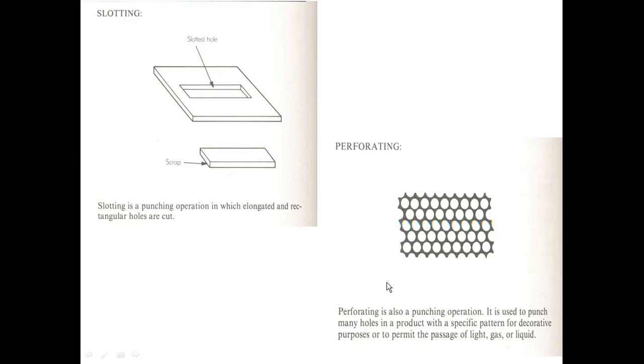Perforating operation. Perforating is also a punching operation. It is used to punch many smaller holes which are very close to each other. It is used to punch many holes in a product with a specific pattern for decorative purposes or to permit the passage of light, gas or liquid.